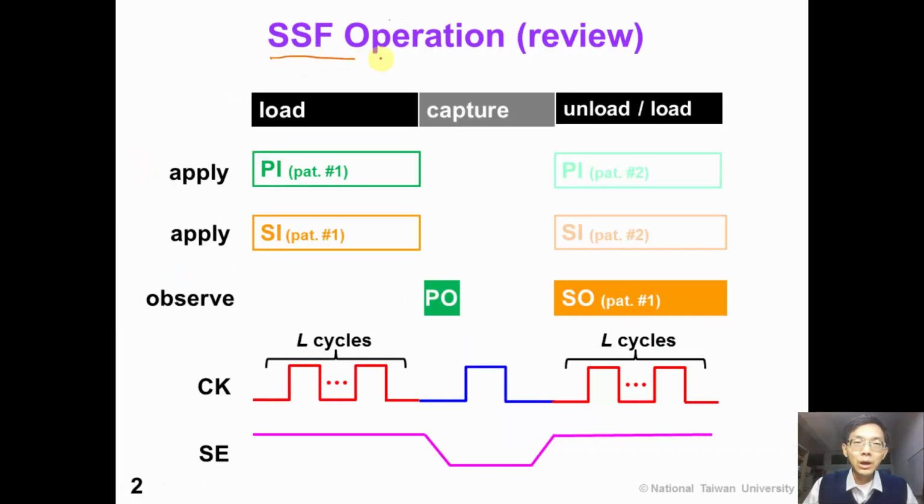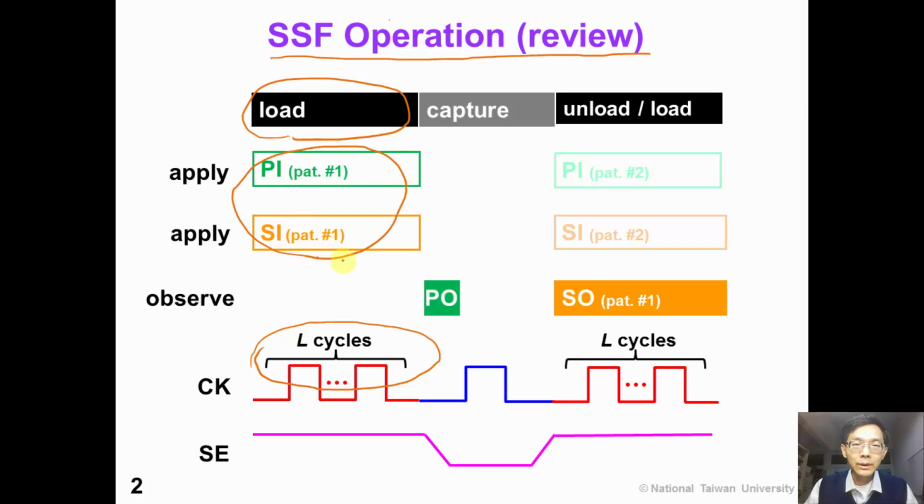This is a review of a single STUCK-AT test operation. At the beginning, we load the scan chain by applying L cycles to shift in our test pattern number 1.